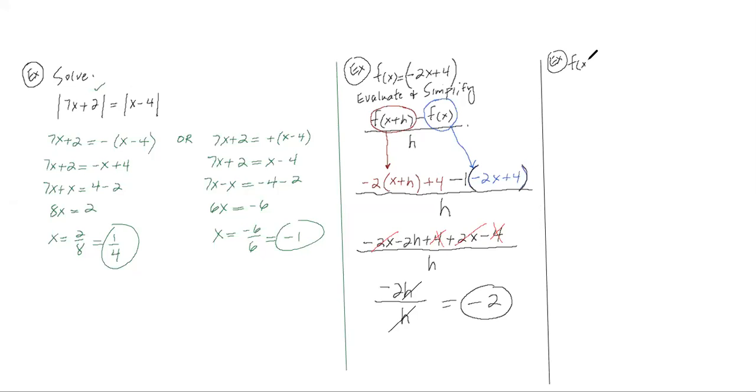f of x is 3x minus 9. Your second function is 5x minus 6. Find this operation.